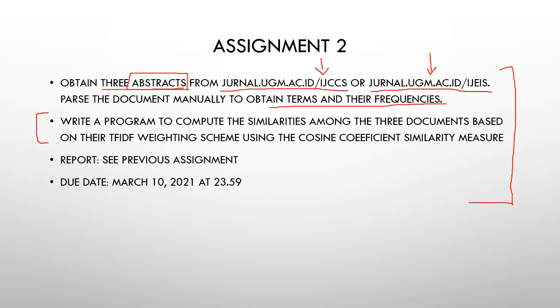Do this for the 3 documents. So basically you have a table of 4 rows: the first row is the terms, and the second, third and fourth rows are the frequencies of appearance of those terms, and the number of columns depends on the number of terms in those abstracts.